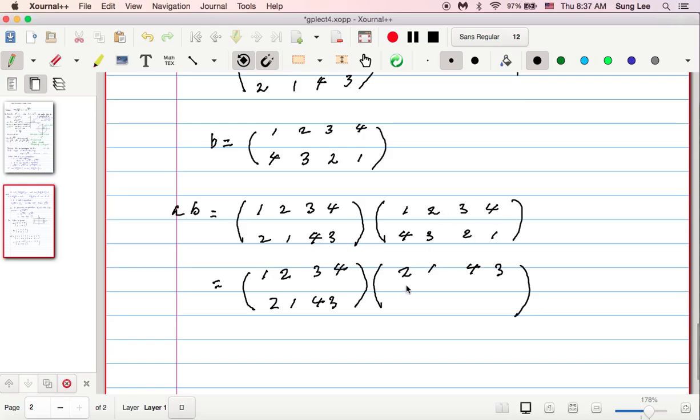Then you have to change it accordingly. 2 goes to 3, so this is 3. 1 goes to 4, 4 goes to 1, and 3 goes to 2. So as a functional composition, this becomes 1, 2, 3, 4, and all you have to write is this one here: 3, 4, 1, 2.